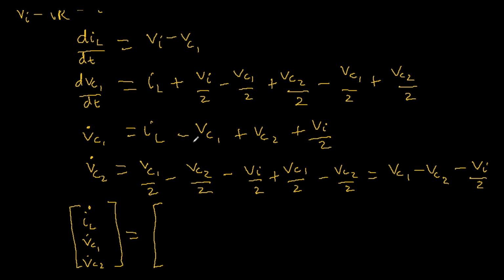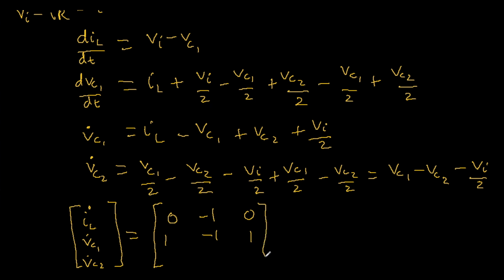It's got minus VC1, so 0 IL, minus 1 VC1, and 0 VC2. Let me write the others before I close the square bracket. For VC1 dot, you have 1, minus 1, and 1.